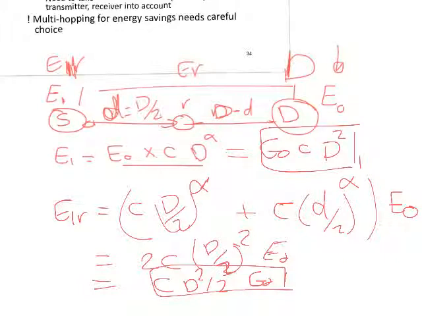Does anyone know why we selected a relay at D over 2? As a simple exercise, try it with small d. We need to know what is the optimal d that makes the power minimum.